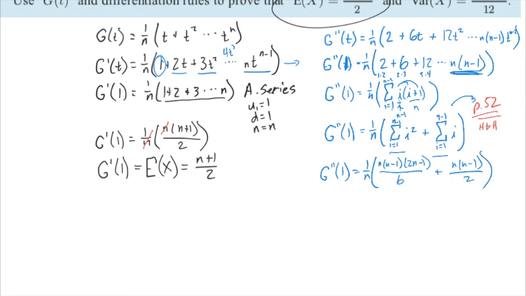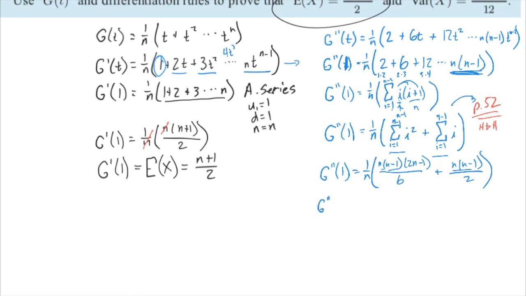Okay, so from this point, it looks like I've got some common terms there. I've got an n and an n minus 1. If I pull all of that out, the n times n minus 1, I'm going to leave the 2 temporarily because it's not super important at this point, but watch what happens.